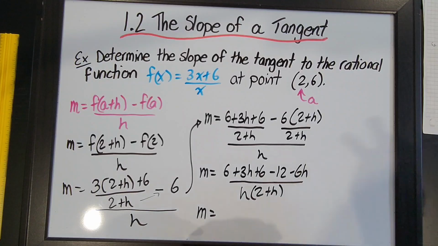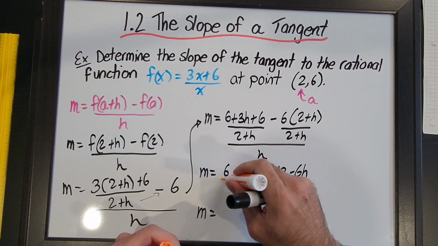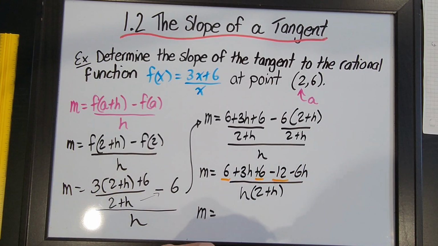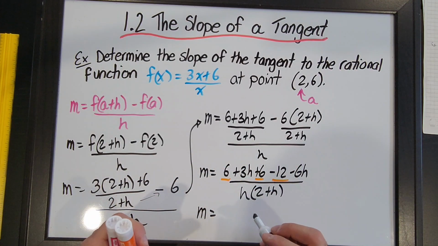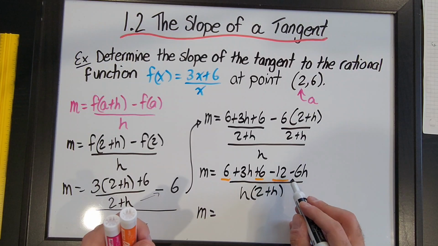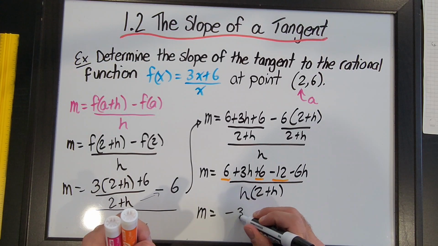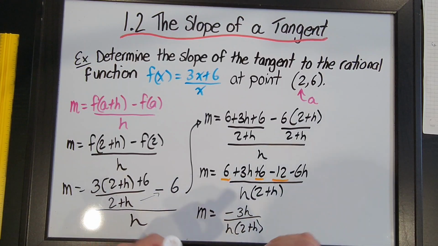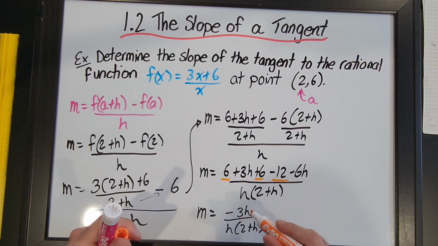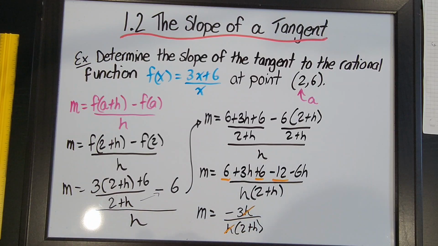Something very interesting here that you should always be alert to: all of your constants should equal 0. If they don't, you're wrong. So 6 plus 6 minus 12 is 0. Awesome. 3h minus 6h is negative 3h over h, 2 plus h. Now that I have a monomial on top, I can finally cancel out my h's, and I'm going to have my answer here.